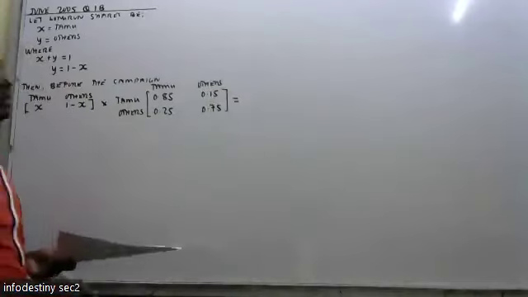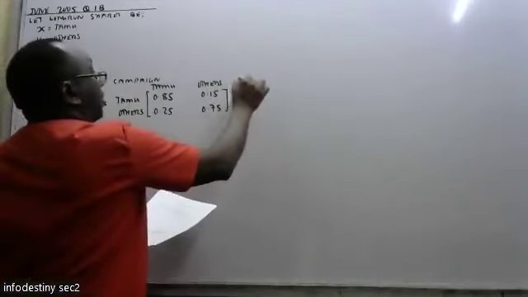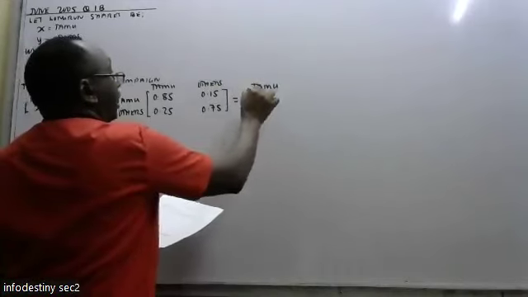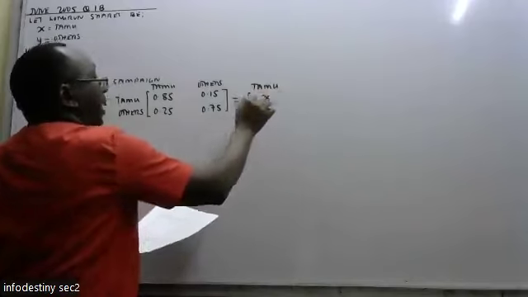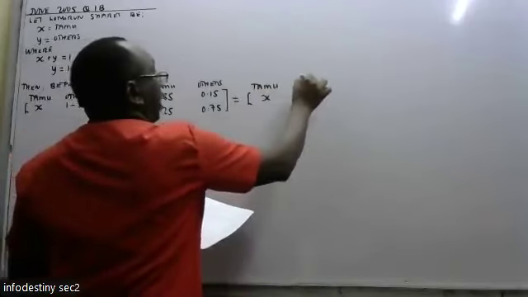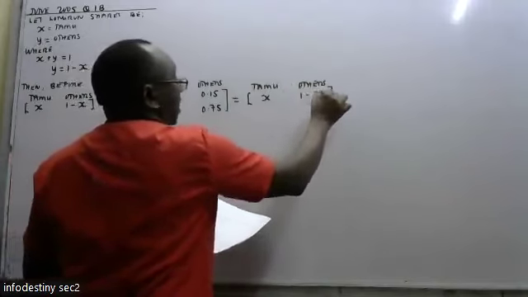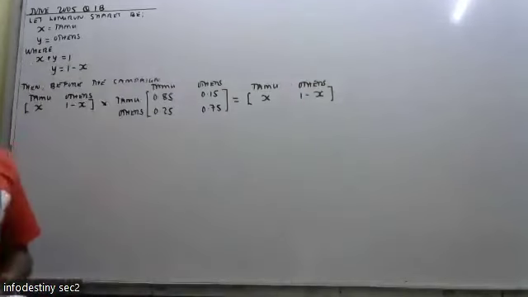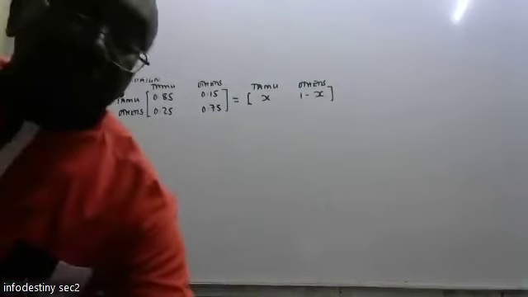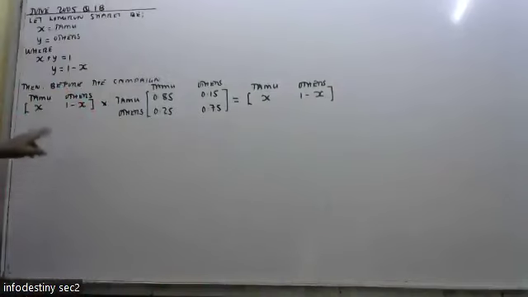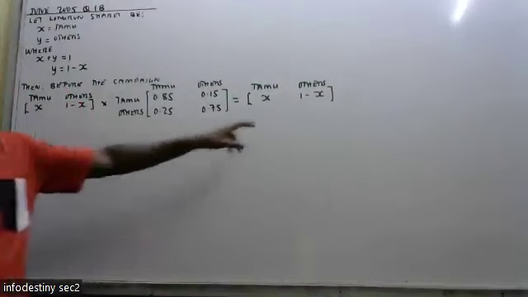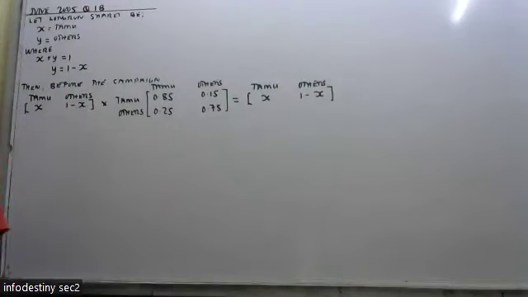It should give us Tamu, represented by X, then others, represented by 1 minus X. After you multiply, you can see this remains. That's what we call the long run.